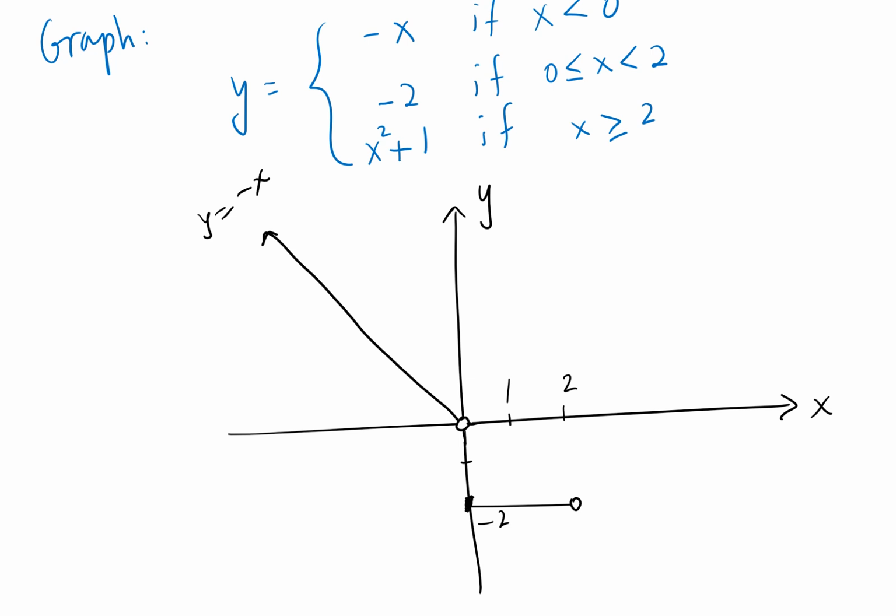And the last one is a parabola. Goes up by 1. Like this. But it says only bigger than or equal to 2, from 2 and to the right. That's the graph.